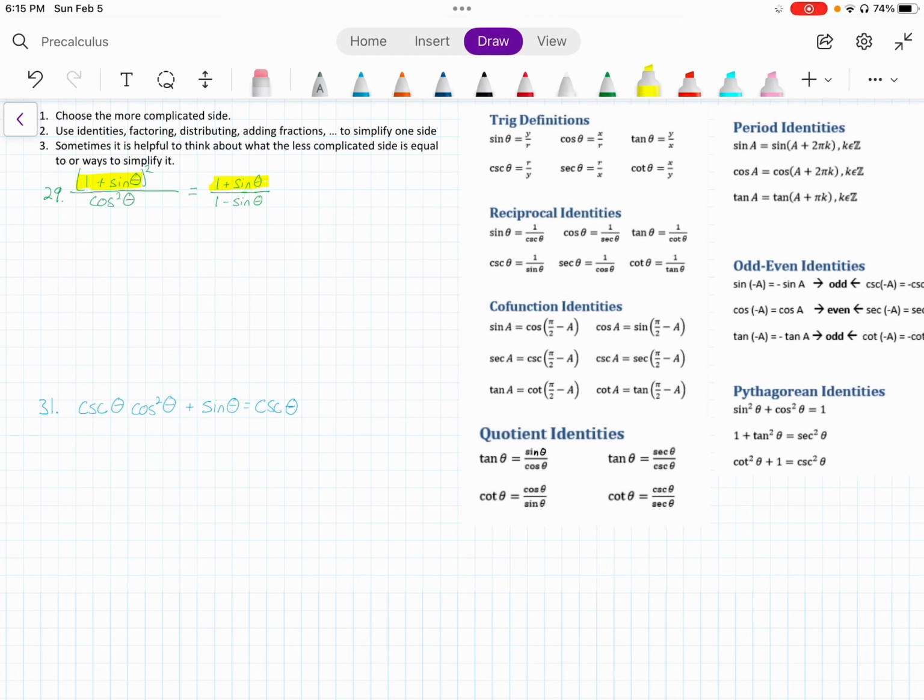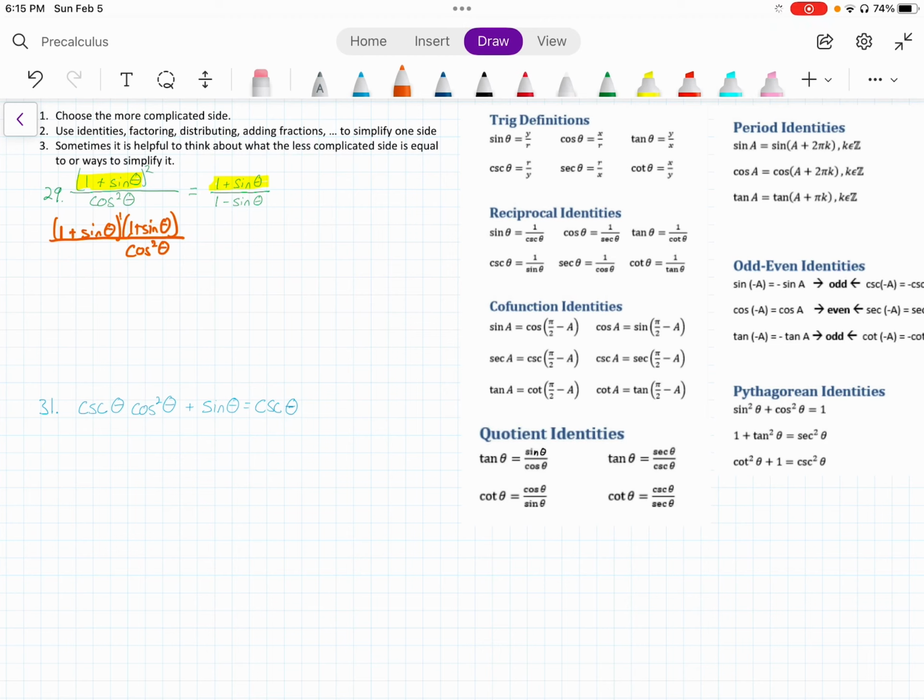So let's go ahead and write this as 1 plus sine theta times 1 plus sine theta over cosine squared. I'm going to write that over here because we're going to think of this as a separated term.